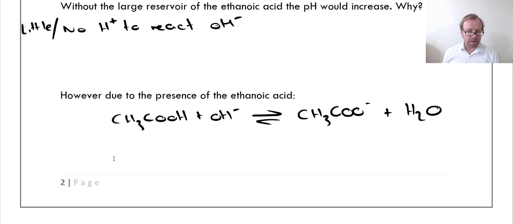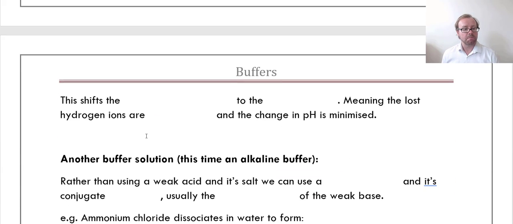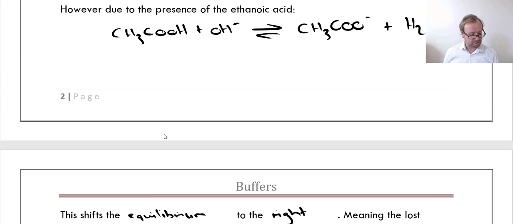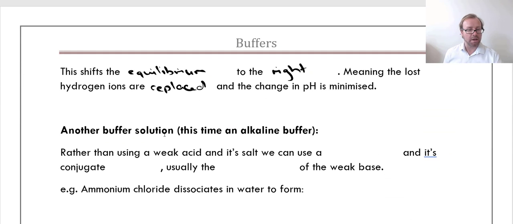This is important as well because this shifts the equilibrium to the right, meaning the lost hydrogen ions are replaced and the change in pH is minimized. Okay, so we'll just explain that a bit by drawing a diagram down here, an equation, sorry.